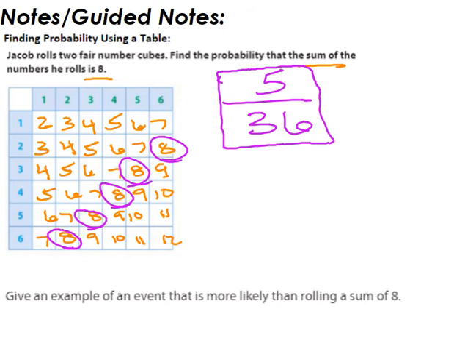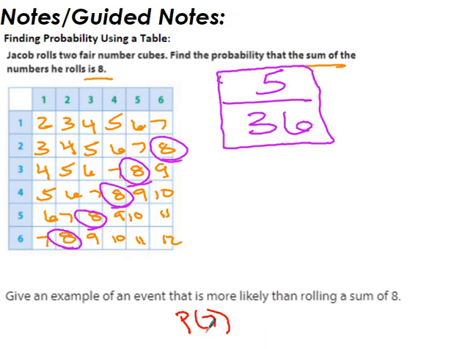Now, if it asks me to give an example of an event that is more likely than rolling a sum of 8, what's going to be more likely? There are five possibilities out of 36 for 8. If I look at 9, there's only 4, 10 has only 3, 11 has 2, 12 has 1. If I go to 6, that's 5, which is equally likely to happen. So the only one that's more likely to happen would be the probability of rolling a 7.